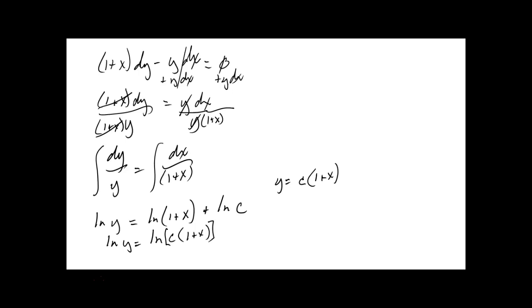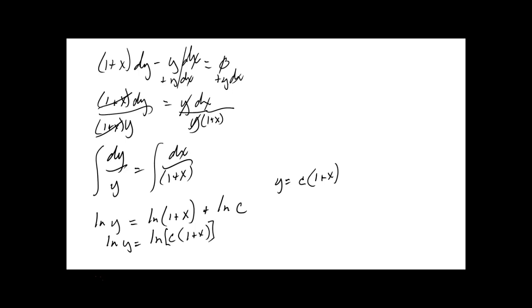They went a more difficult path to get there, but it's still what they got as their answer: y is equal to c times (1 plus x). They didn't write the plus log c. They wrote plus c, and then they had to fiddle around with exponentials and stuff like that, and then finally get it to that form, if you had just done that to begin with.